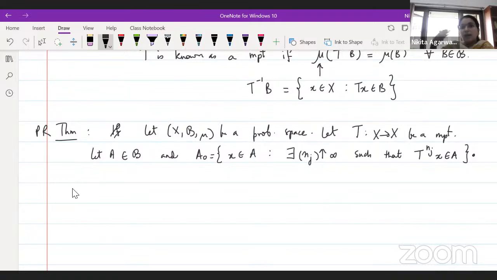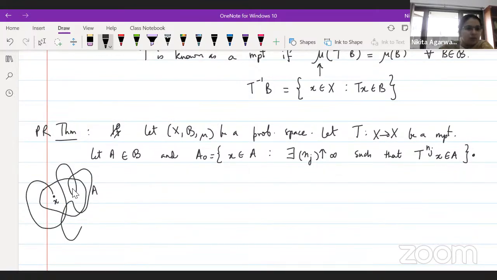So this is another kind of recurrence: given any set in your space, you're looking at those points x in A which come back to A again and again. Then the measure of A naught is the same as the measure of A.